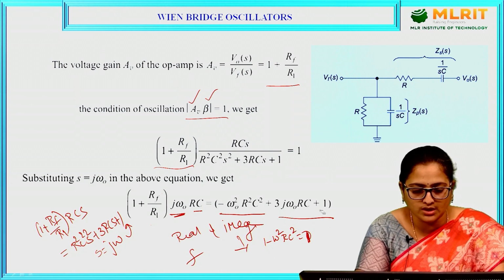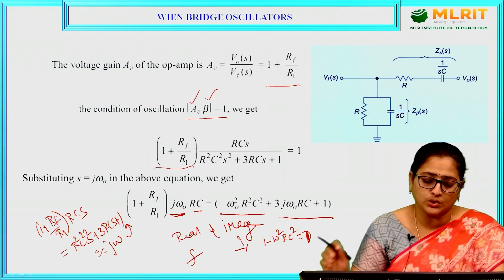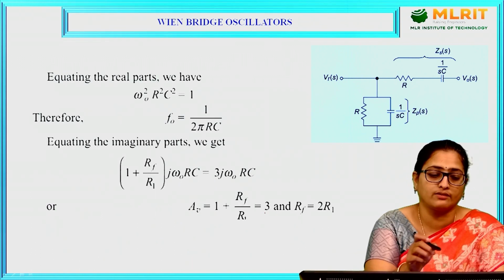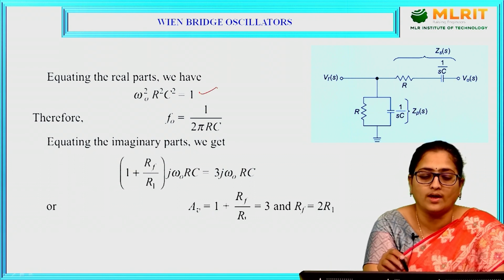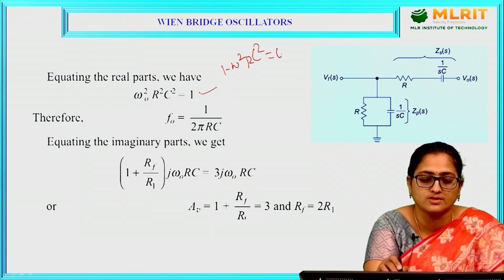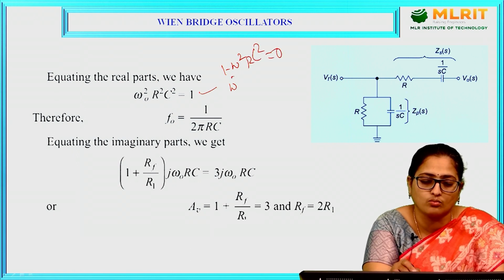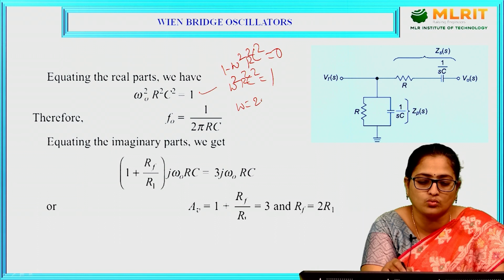Now if you equate the real and imaginary terms on both the LHS and RHS, you can rewrite this expression. Equating the real part, 1 minus omega square R square C square equals 0 can be given as omega square R square C square equals 1, where omega equals 2 pi f.